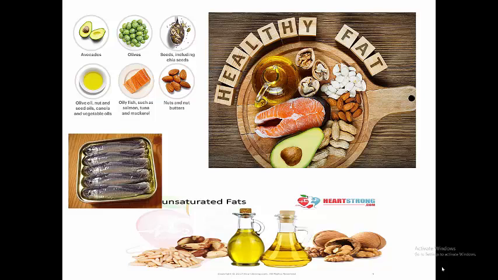We also hear a lot about salmon and tuna and mackerel and herring and sardines, and of course the unsaturated oils like the canola oil and the olive oil, and then obviously olives, hence that's where olive oil comes from. And a lot of times people are focused on things like flaxseed and chia seed.